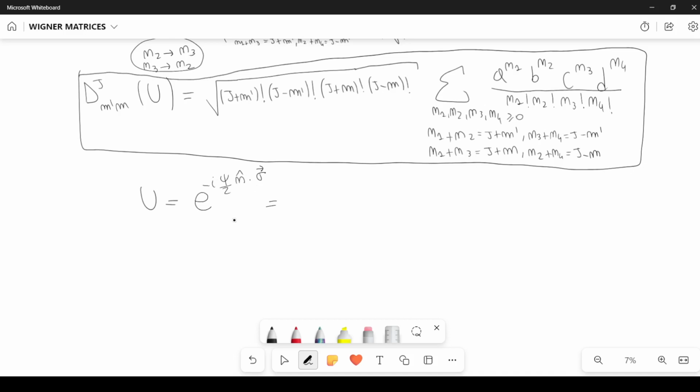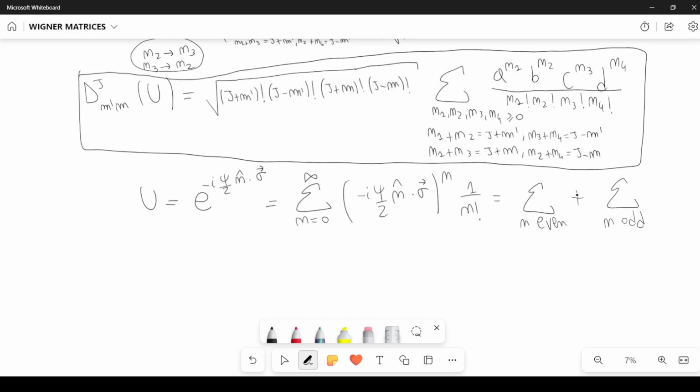This complex exponential can be expanded if you want, so you can write it as a series, n equal to 0 to infinity, then we have minus i psi over 2 n dot sigma to the power n, and then you have 1 over n factorial, and you can rewrite this series over the even integers and also over the odd integers if you want.